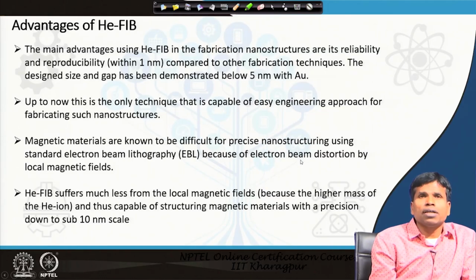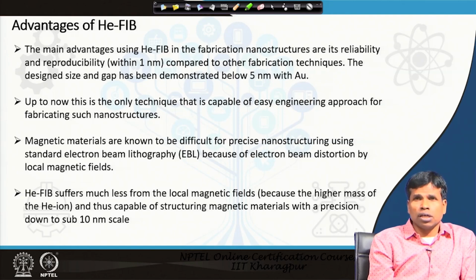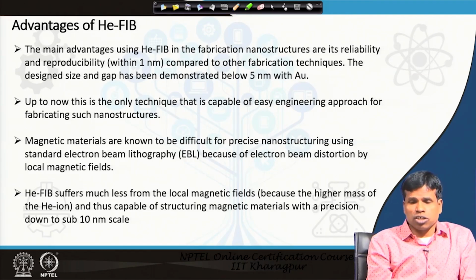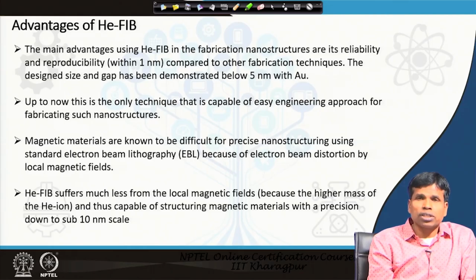So, the main advantage of using helium focused ion beam is the fabrication of nanostructures of very small size with high reproducibility and reliability, within the range of 1 nanometer, as compared to any other fabrication technique. We have seen that any size and shape can be designed with helium ion microscope, with an example of gold presented here.